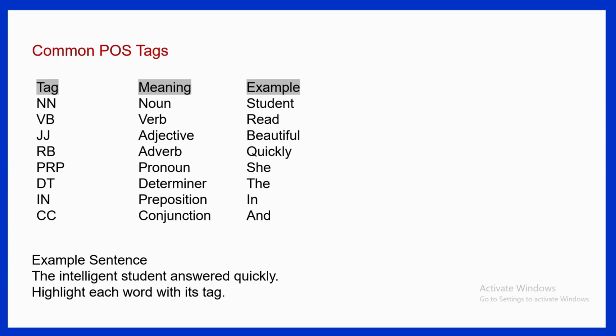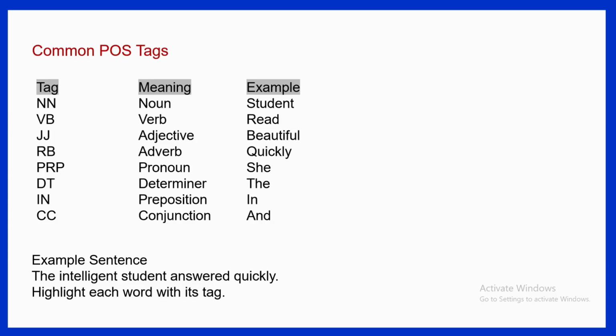Now look at the example sentence: the intelligent student answered quickly. Here the word the is a determiner. Intelligent is an adjective because it describes the student. Student is a noun.